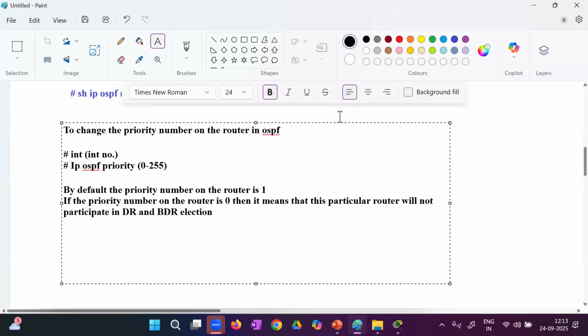It means if the priority number on the router is 0, then it is not going to participate in DR and BDR election.